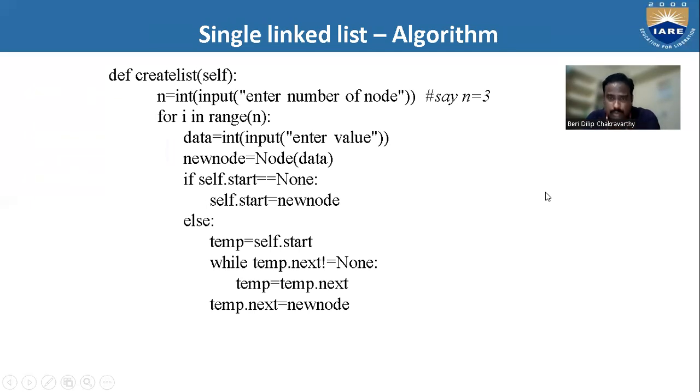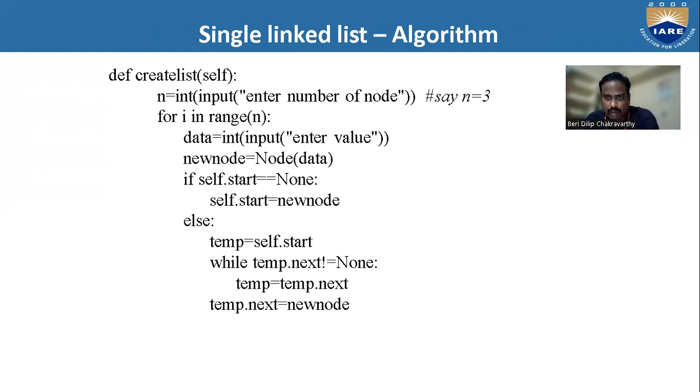Observe, suppose you take the same example of a train. Already a train with an engine and some 4 compartments are there. Let us think like that. Now you are trying to insert one more node. First, we are talking about creation. Creation means nothing is there, I need to create a train.